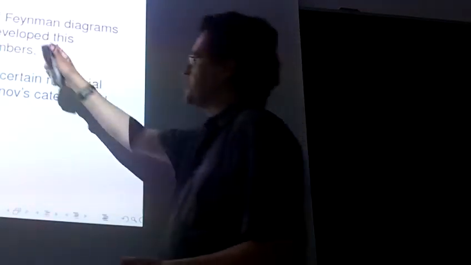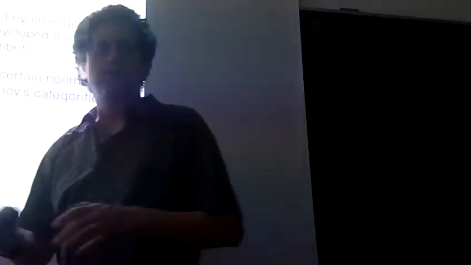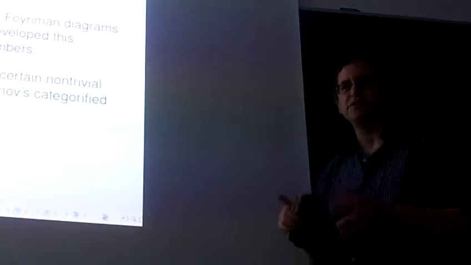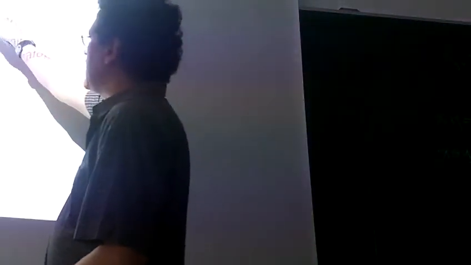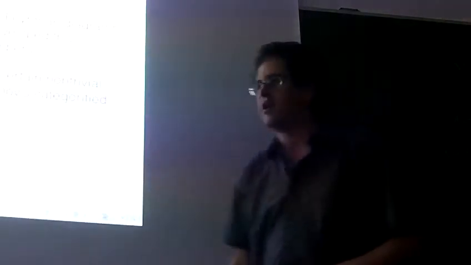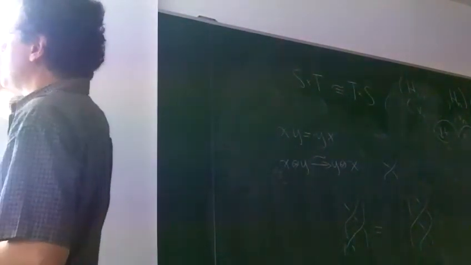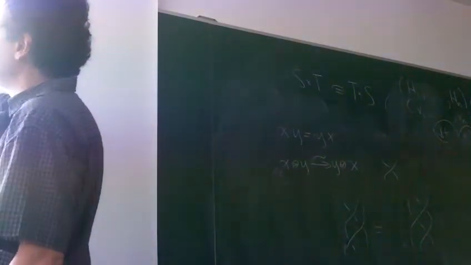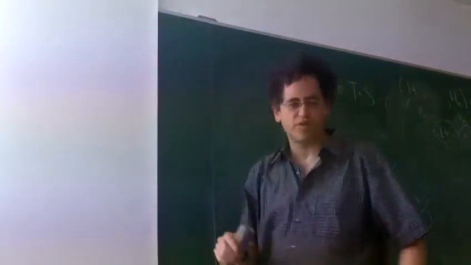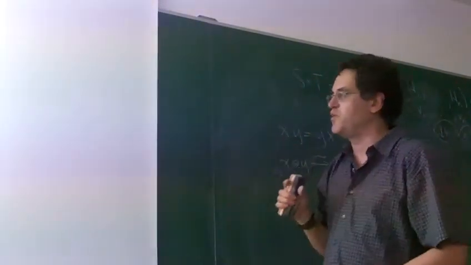For one thing, you're completely avoiding any use of the complex numbers or Hilbert spaces, so it's logically simpler. But second of all, there are some combinatorial questions about Feynman diagrams that can be really understood nicely this way. We're getting straight to the combinatorics. Of course, physicists want to have the complex numbers, not just because they're used to complex numbers, but because they seem to be required for full-fledged physics. And my student Jeffrey Morton showed how to put the complex numbers in there if you want.